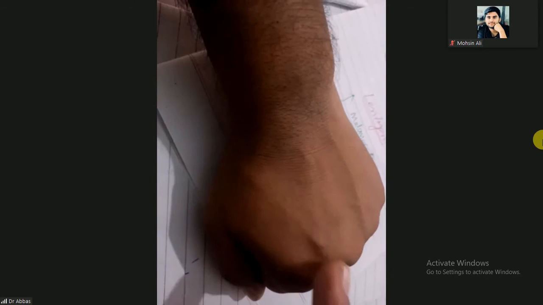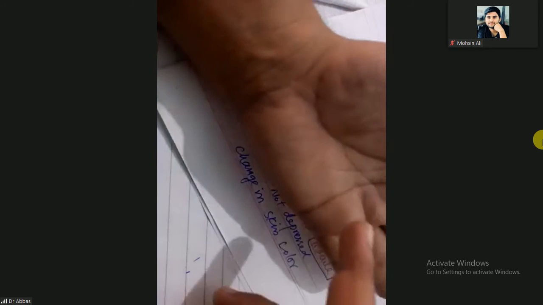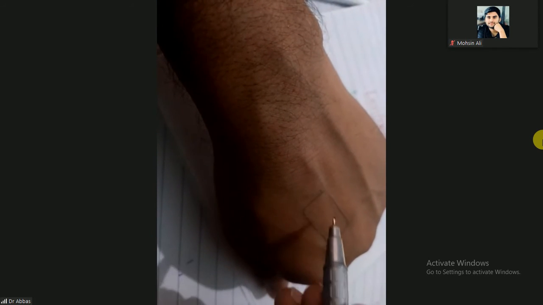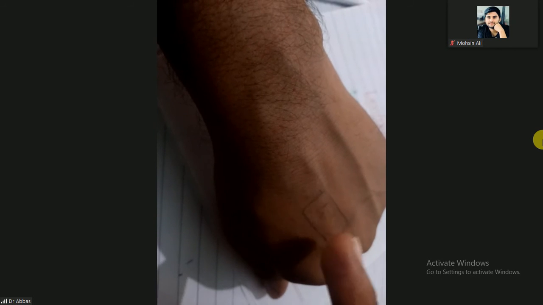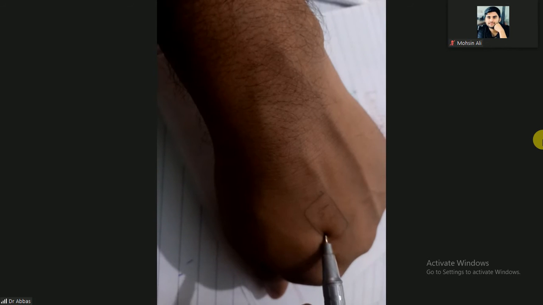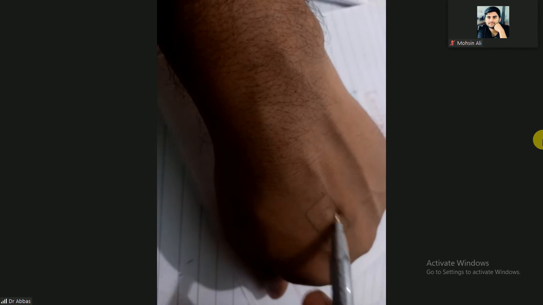Look here: this side of my hand and this side of my hand have different colors. Maybe this part of the skin will become white. I can't palpate it because it is not raised and not depressed, there is only a color change.